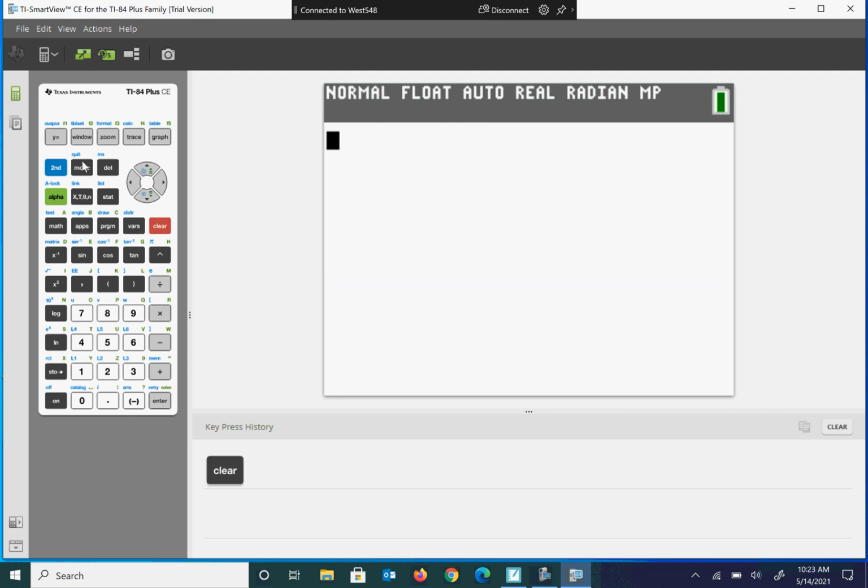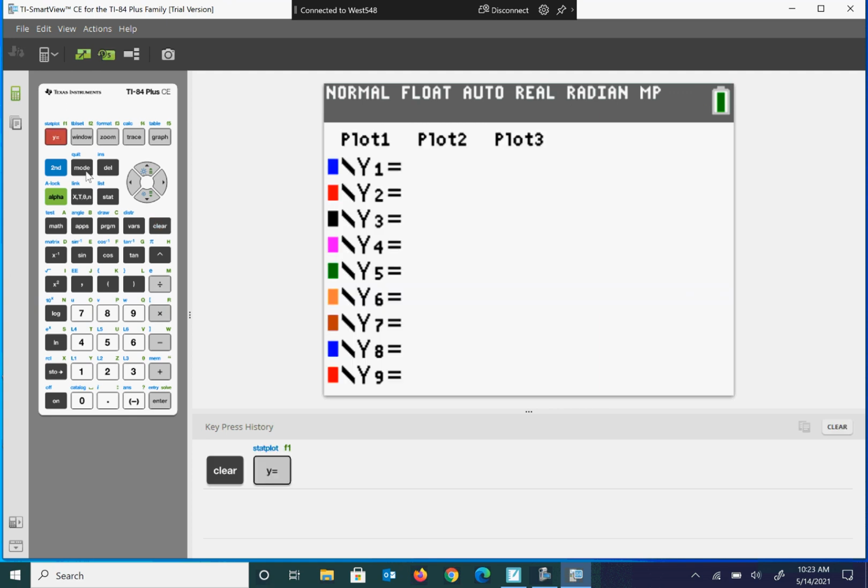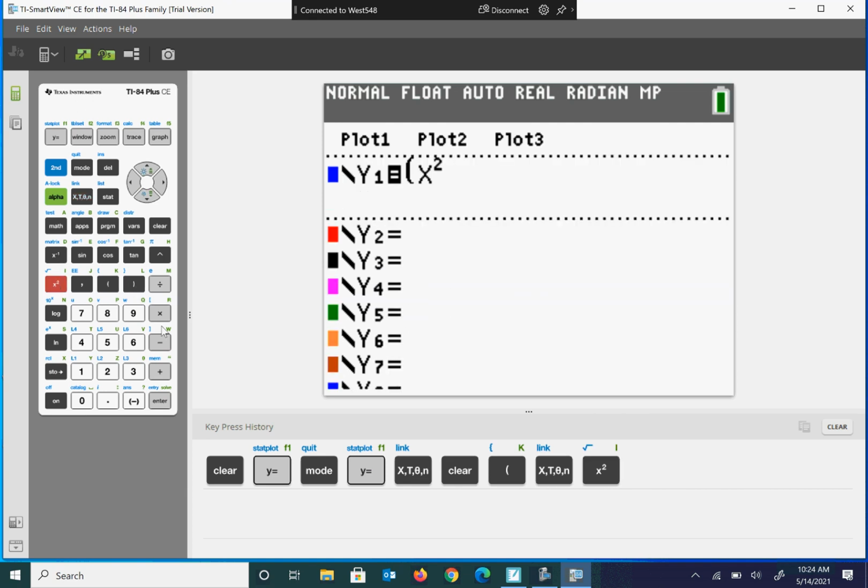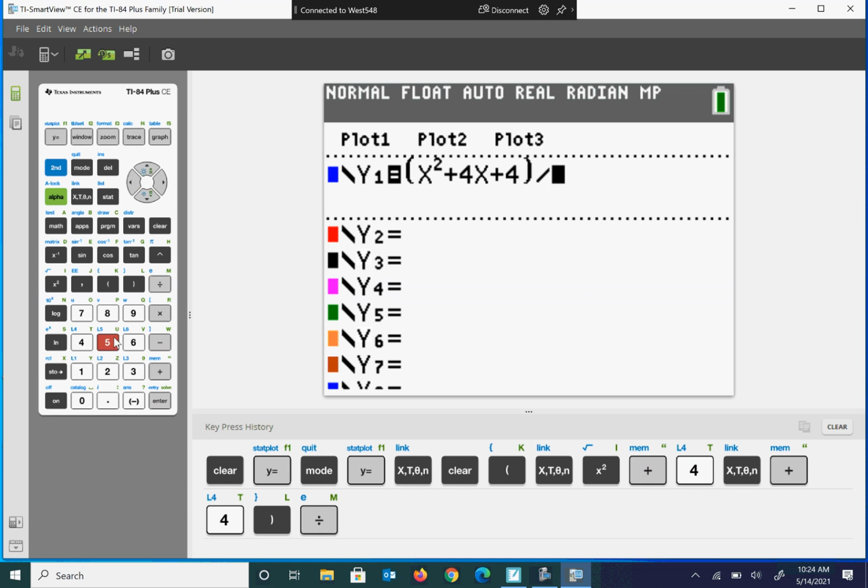Let's clear that out. So let's go y equals, whoa, y equals x squared, clear, parentheses, x squared plus 4x plus 4 divided by parentheses x squared minus 4.